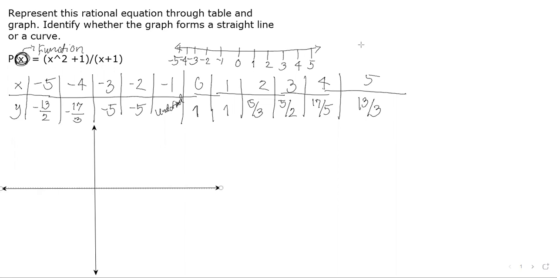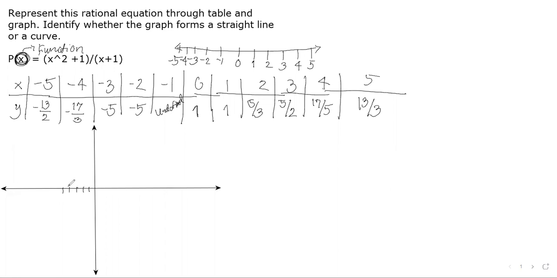Okay. So, first, this point, -5. Ayan. Okay. -5, that's 1, 2, 3, 4, 5.